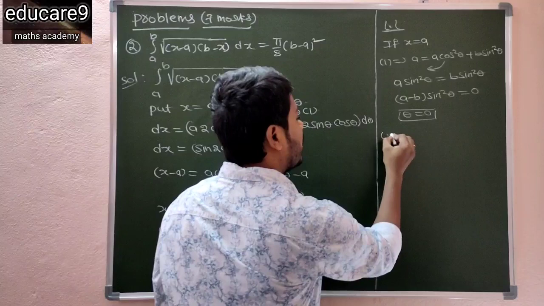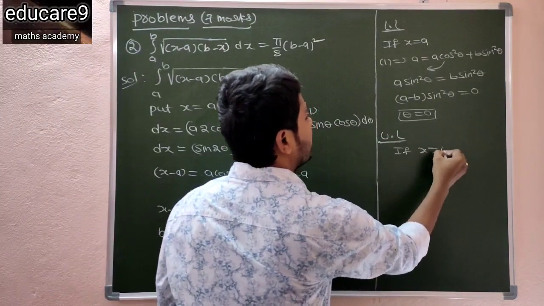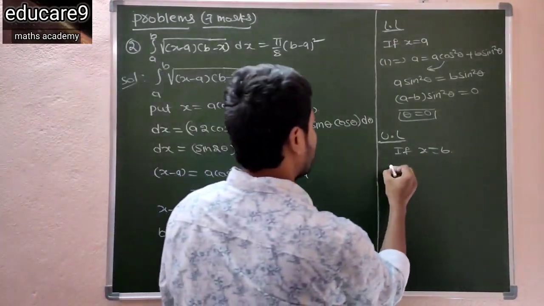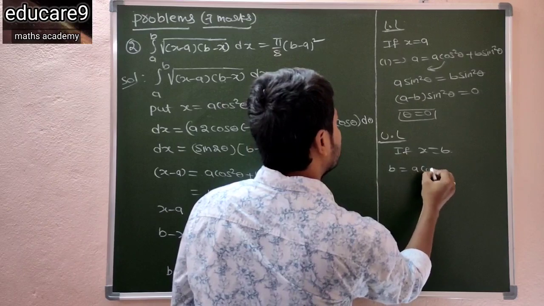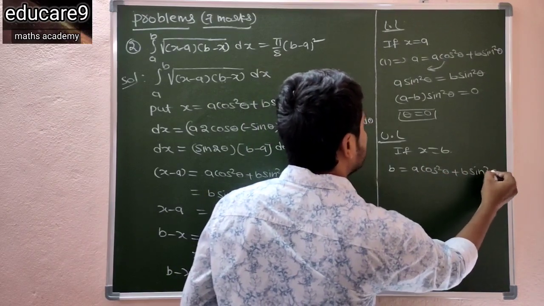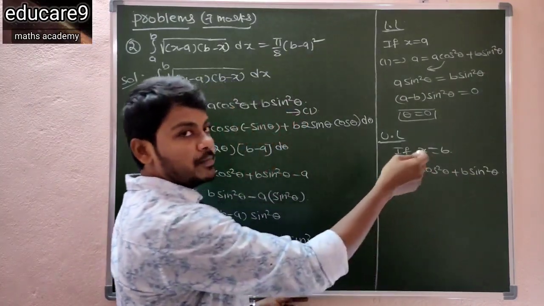And find the upper limit. If x equals b, again substitute here. b equals a cos square theta plus b sin square theta. Send to the left side, it becomes b minus b sin square theta.